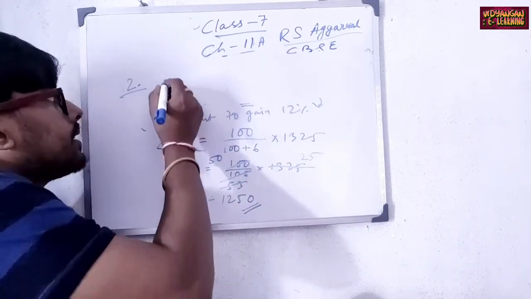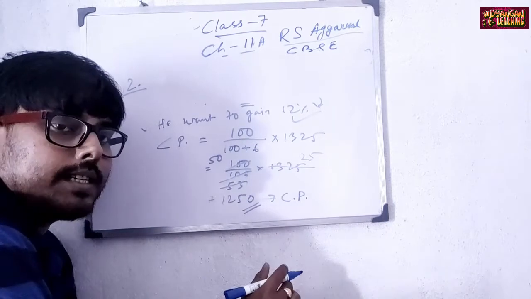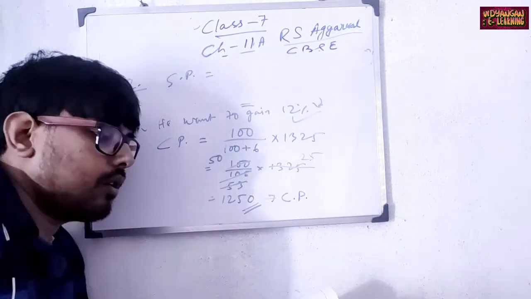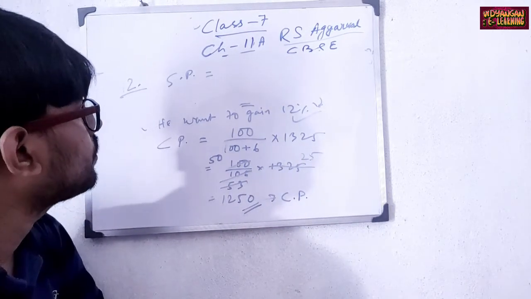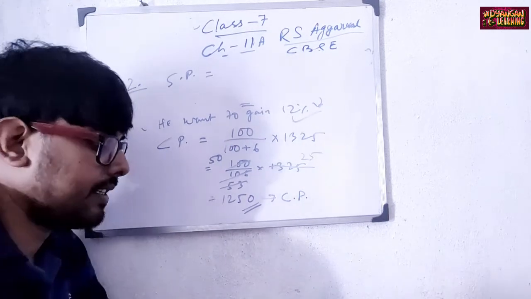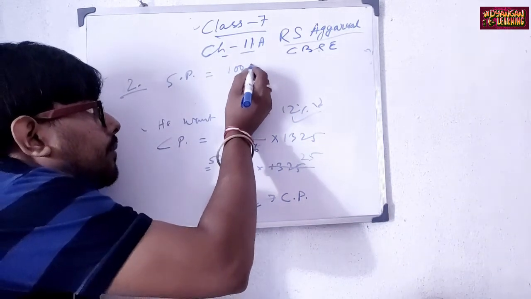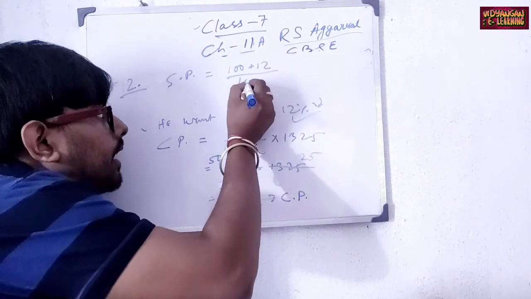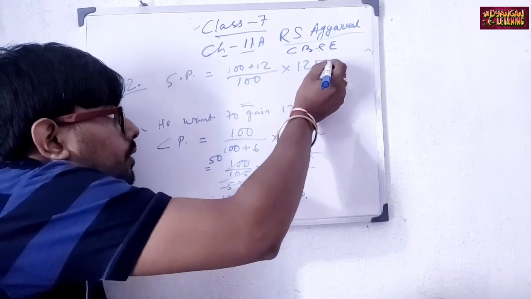This is the cost price, and gain percent is 12%. When the cost price and gain percent are given, selling price is equal to 100 plus gain percent, here 12, by 100, multiplied by cost price 1,250.